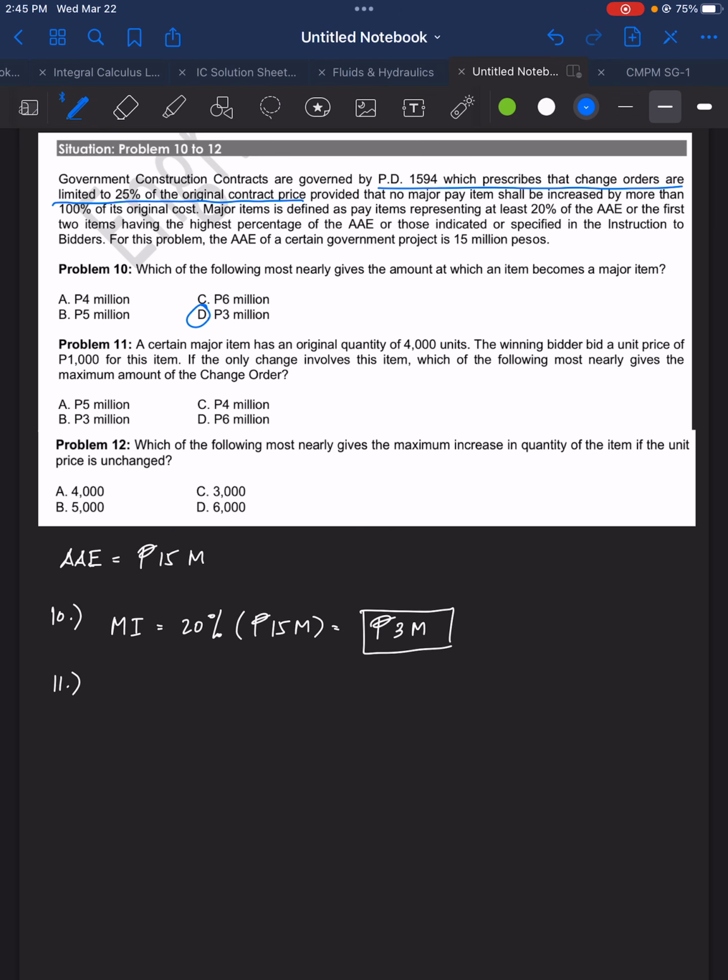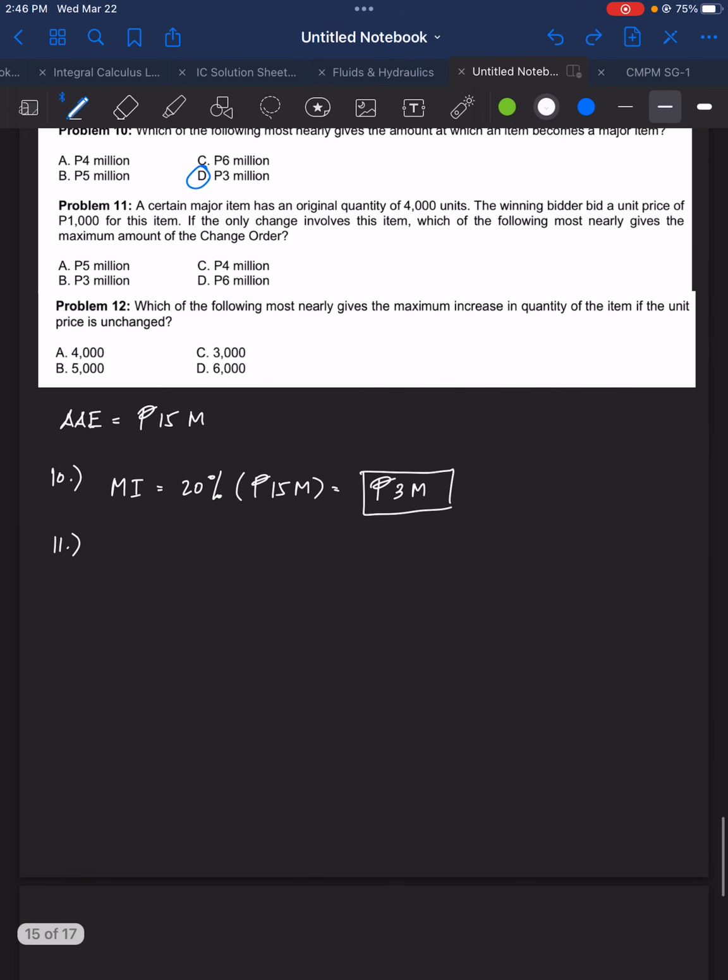So for this problem 11, we are talking about the winning bidder. So the winning bidder has an original contract price or contract cost.